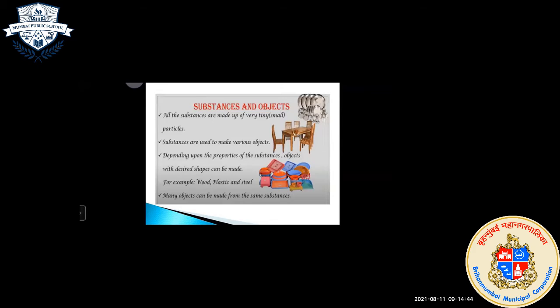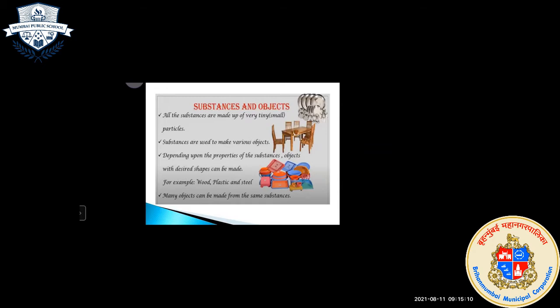If we heat the iron, it gets hot and we can roast our chapati. But plastic is a bad conductor of heat. Plastic doesn't pass the heat through itself. So if mother roasts chapati on a plastic tawa, it will melt.